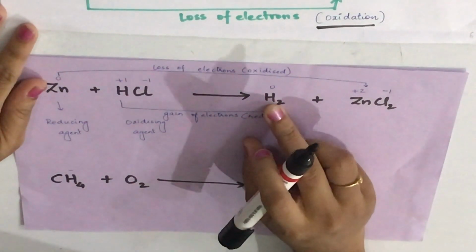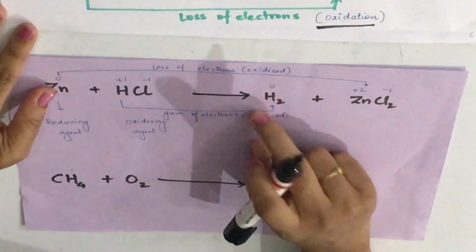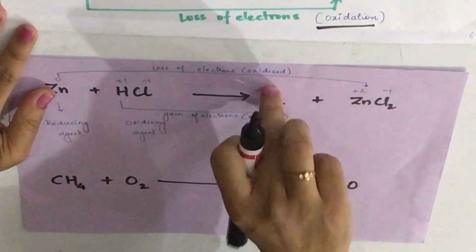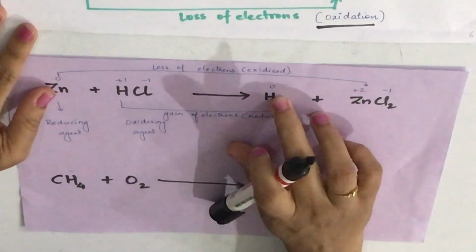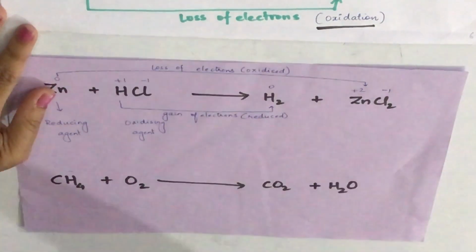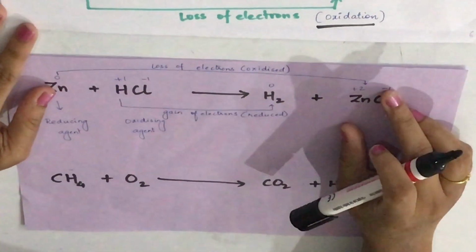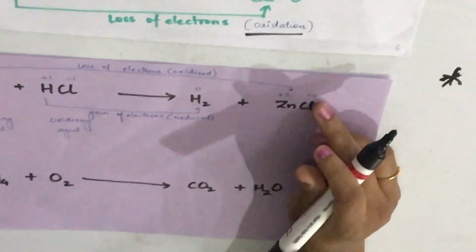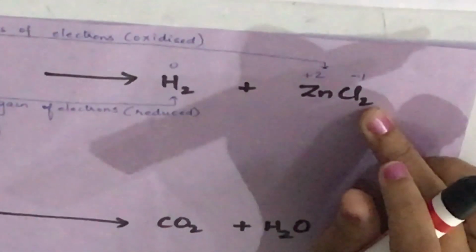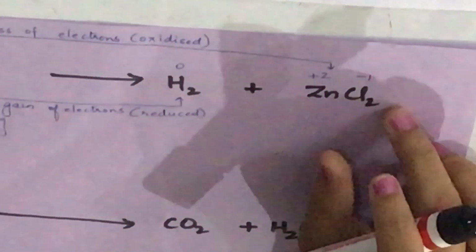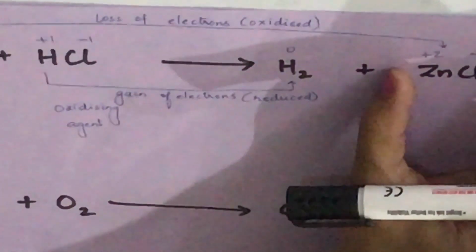Then coming to products, again we have some single element which is neutral, so it's 0, and in ZnCl2, Cl is always minus, and if you don't know the other element's charge, you can simply see this one is -1, there are 2 atoms, so the total charge becomes -2, and overall it should be neutral.